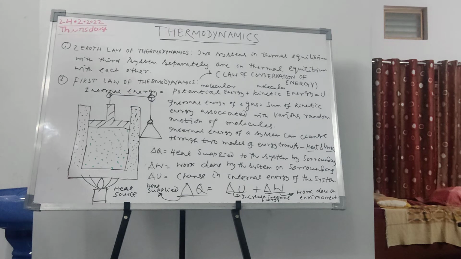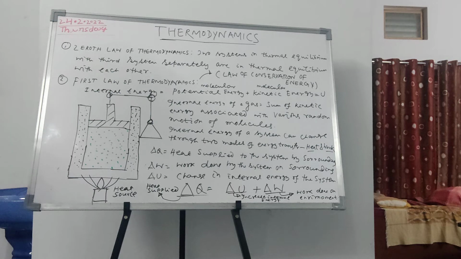If you ignore the attraction between molecules, which is negligible, then the internal energy of a gas is nothing but the kinetic energy. It is the sum of the kinetic energy of each and every molecule present in the gas, because every molecule in the gas is in a state of random motion.